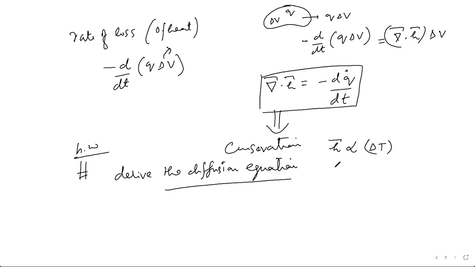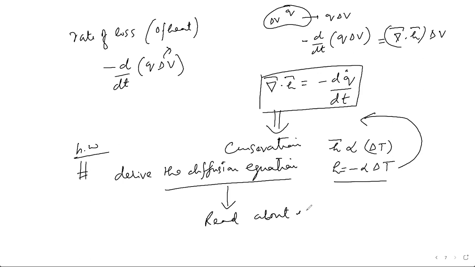Let's say the proportionality constant is alpha, so something like alpha delta T. Since this is the way heat is generated, I just want you to plug this in here and generate the diffusion equation, right? And also read about it.